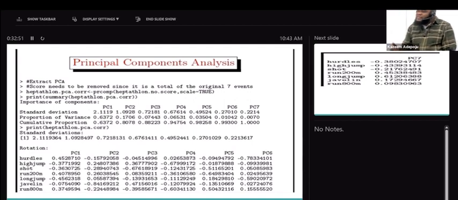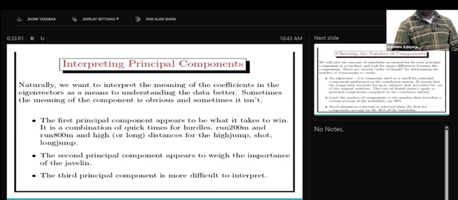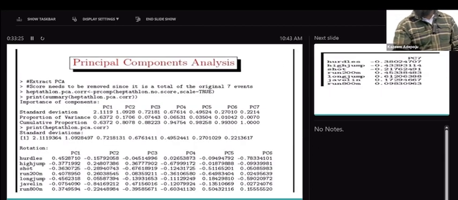So the relevance of PC2 is just the javelin, while the other events are not. That was why I came to this conclusion: the first principal component appears to be what it takes to win. It is a combination of quick times for hurdles, run 200 and run 800, and high jump and long jump distances. And the second principal component appears to weigh the importance of javelin. Is that not what you're seeing?